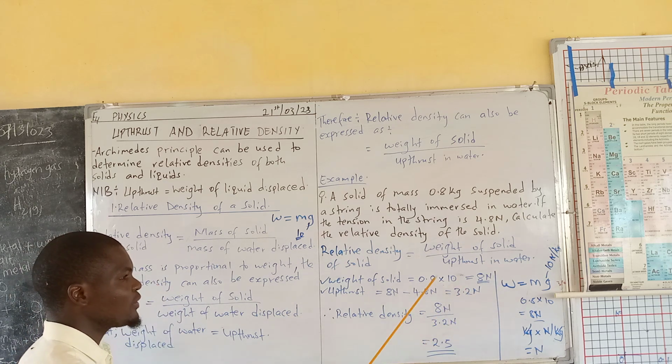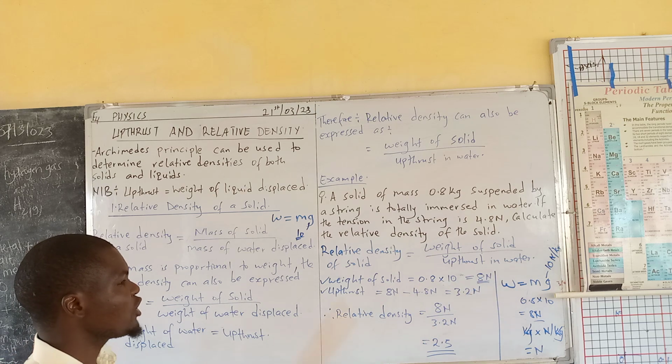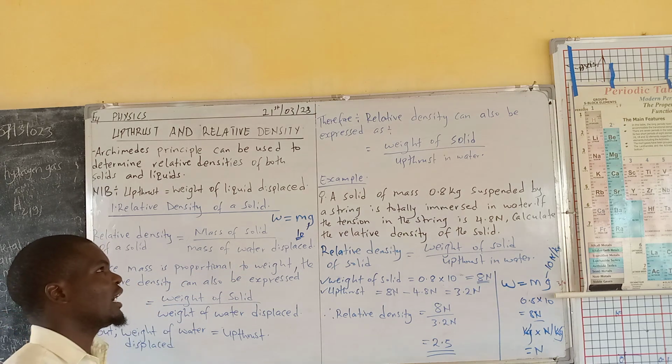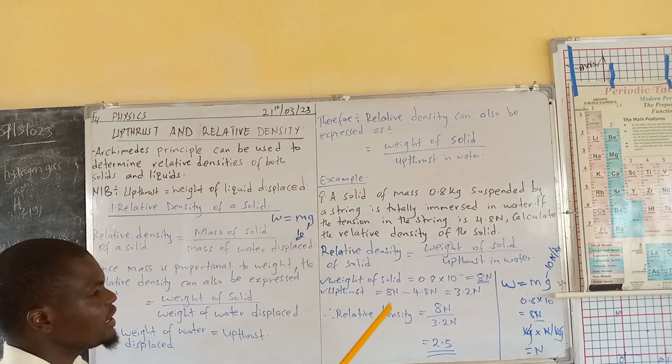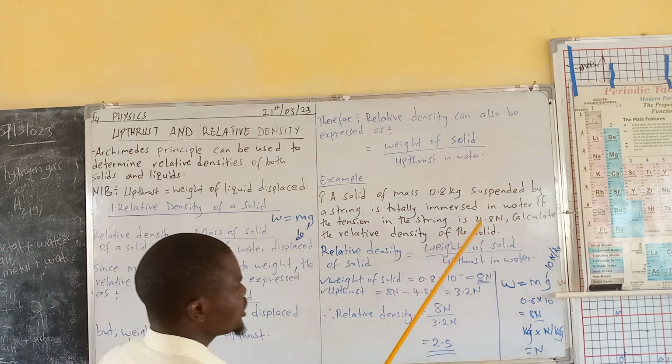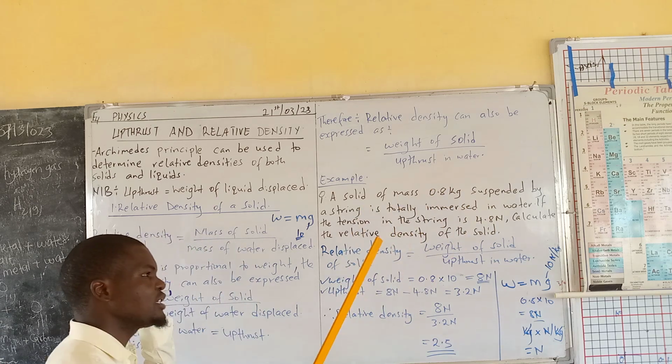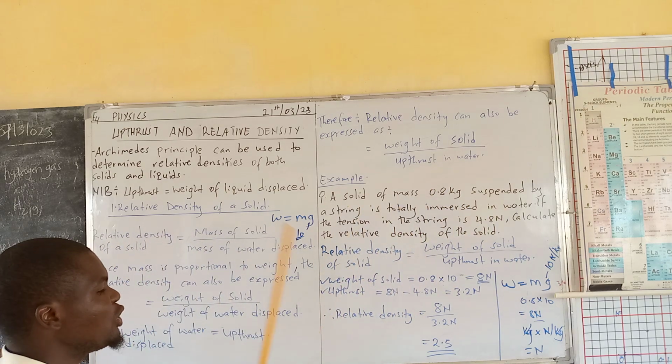So we have our upthrust and we have our weight of the solid in air. From our formula, the relative density of a solid is given by taking the weight of the solid and dividing it by the upthrust in water.